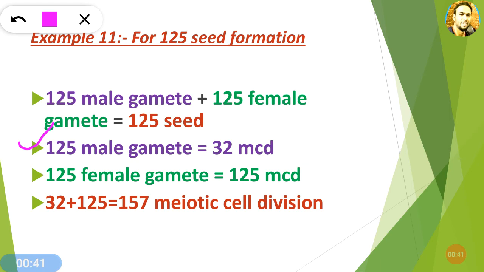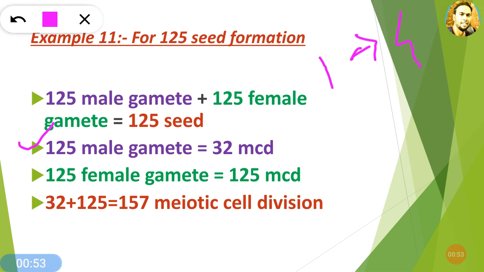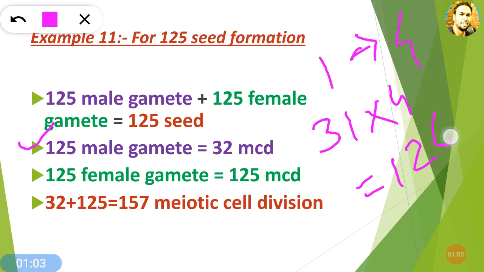And how are these 125 male gametes produced? The formula is that by one meiotic cell division, up to four male gametes are produced. So by 31 meiotic cell divisions, 31 into 4 is equal to 124, and our requirement is 125.